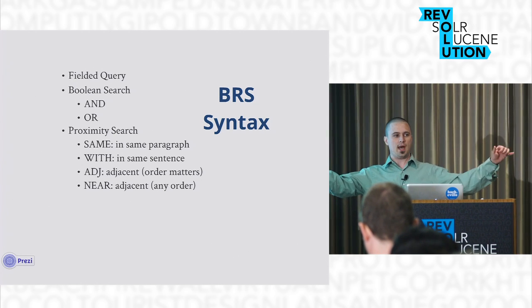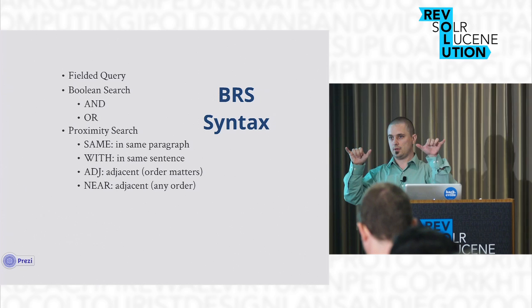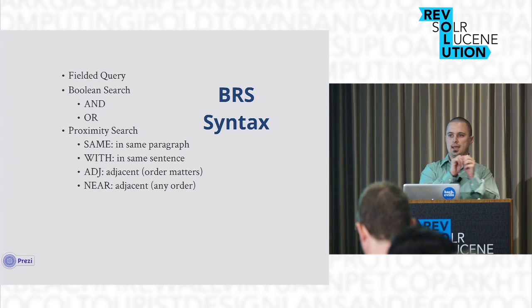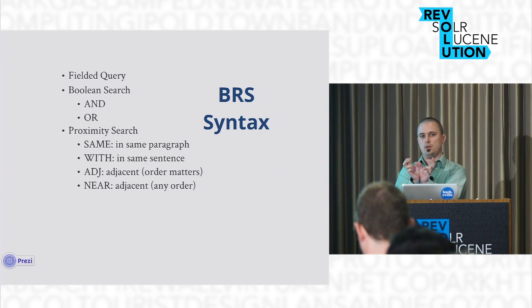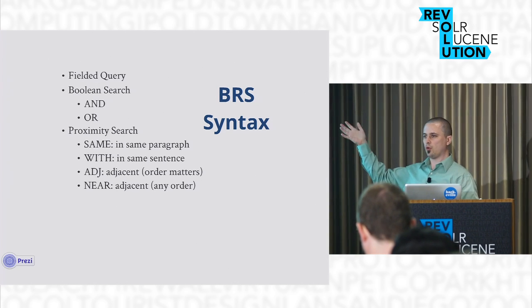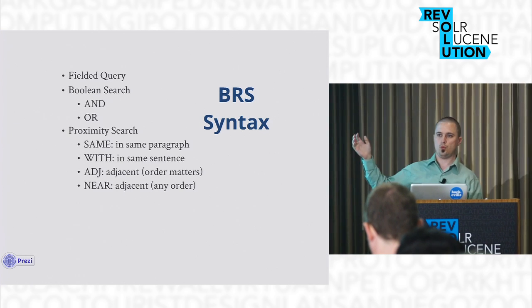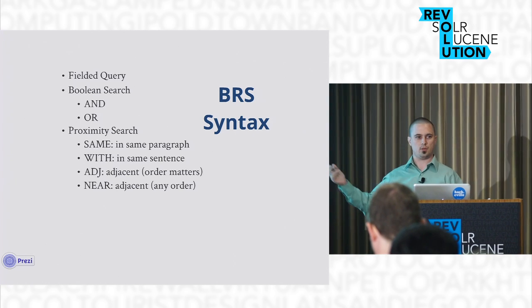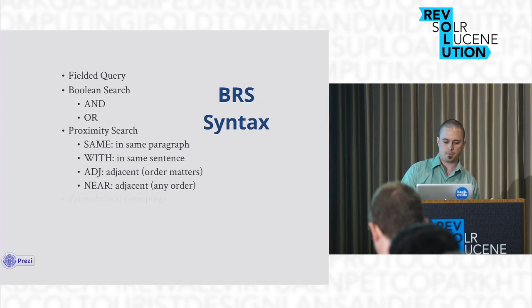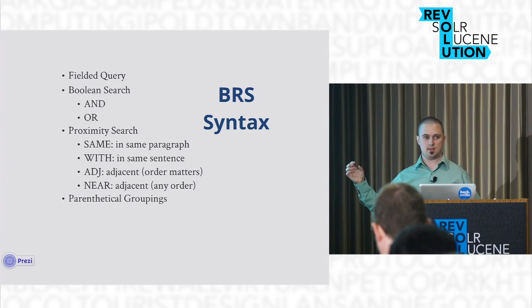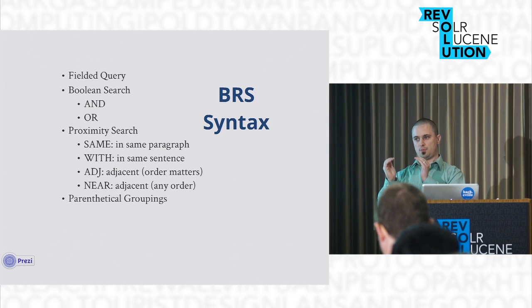I can look for two matches in the same paragraph, in the same sentence. I can look for matches that are adjacent to one another, where order matters or order doesn't. So these four operators, same, with, adjacent, and near, we've come to call those the SWAN operators. They're proximity-aware operators. Everything can be nested, so you can have matching spans within matching spans, etc.